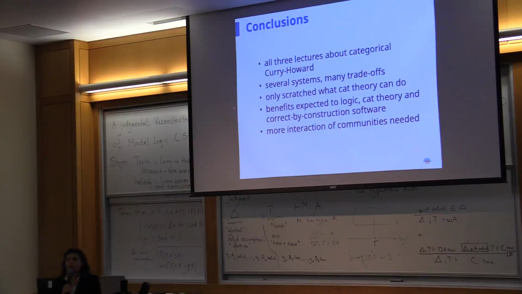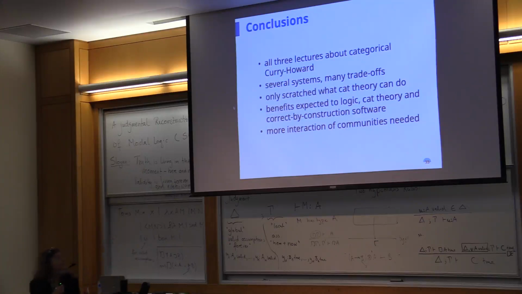And the homotopy type theory that Anya is going to talk about at some stage, and Paige is going to talk about, is very exciting, and it's much harder category theory than the stuff that I try to present.